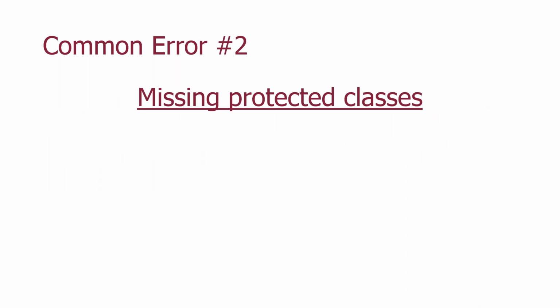Common error number 2. The second error that I notice a lot of times is that employee handbooks are missing the state-specific protected classes. Now, a protected class, of course, is a class of person that has special protections under the law.